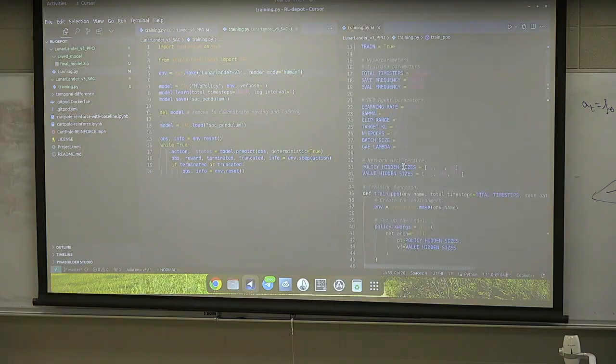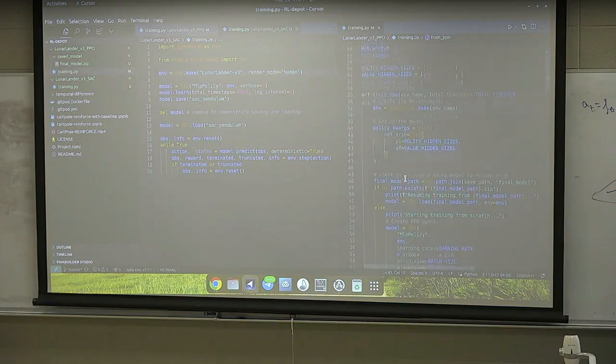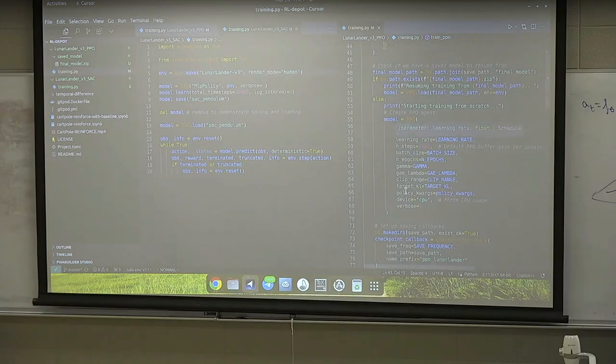So policy edit sizes. Keyword orders. Not there.